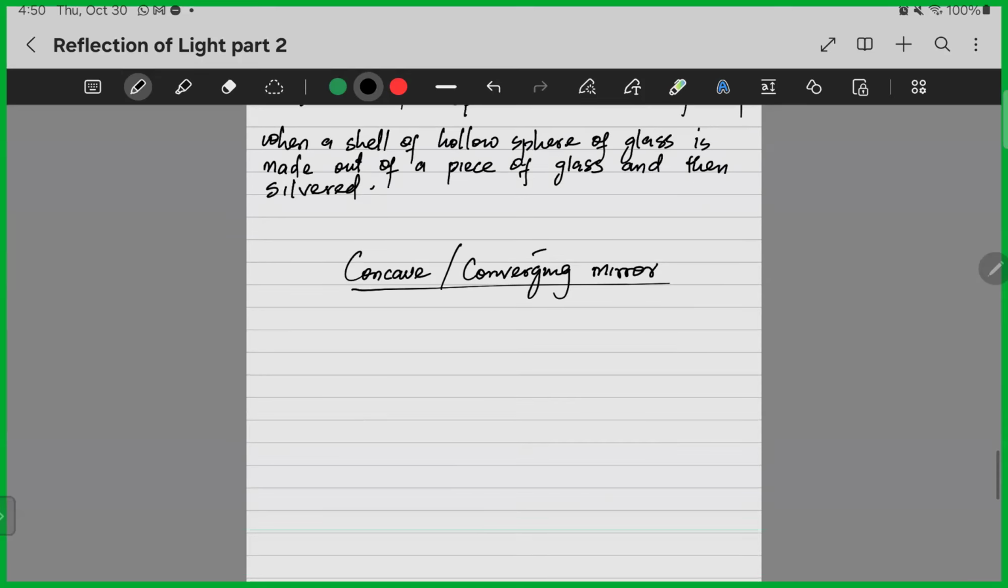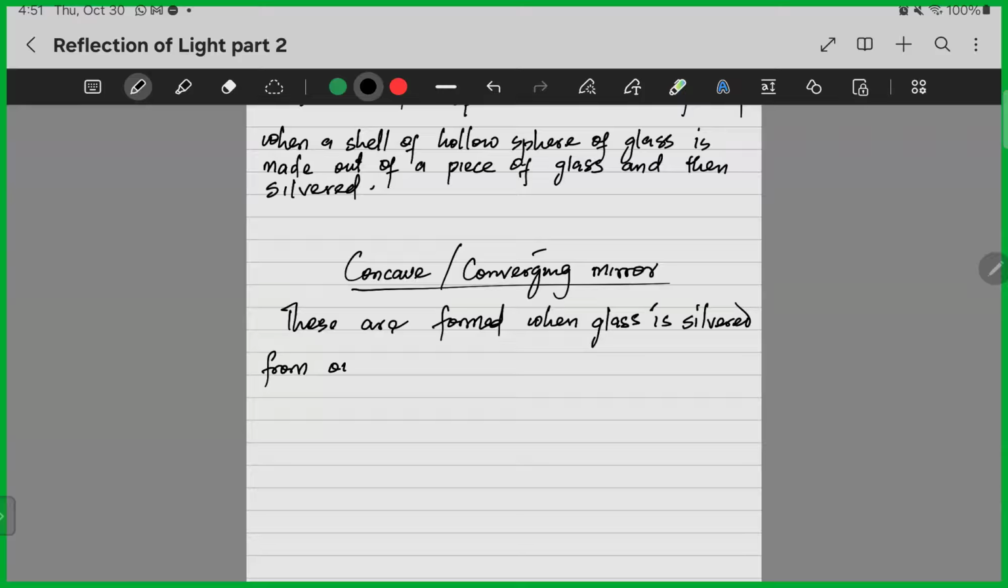So specifically now, concave mirrors. These are formed when glass is silvered from outside so that light can be reflected from inside.